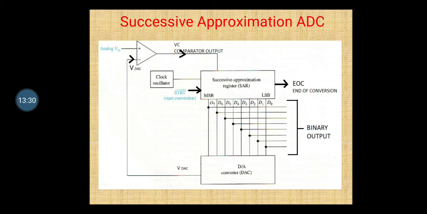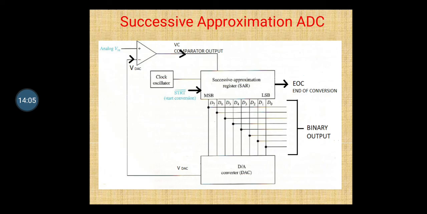So in an ADC we use a digital to analog converter. The output of the comparator is given to the successive approximation register, and the register output is the digital output, which is taken as the actual output. That is also connected back to the digital to analog converter, and its output is given back to the comparator.